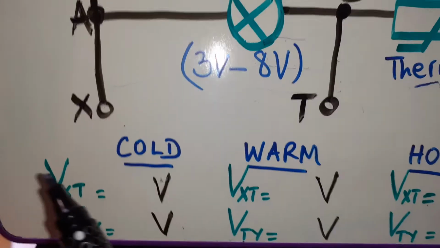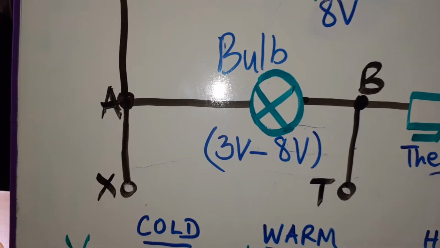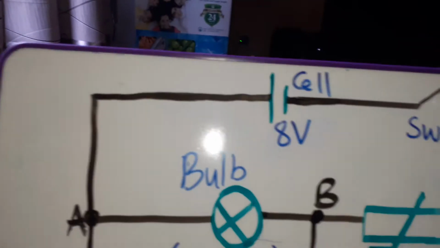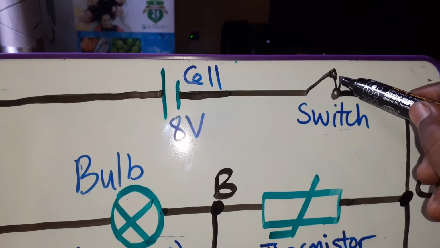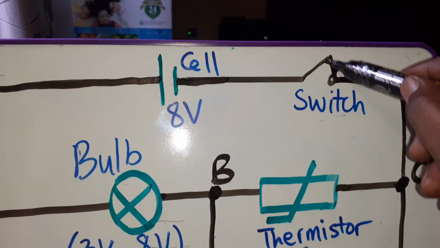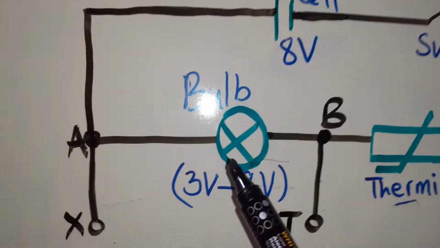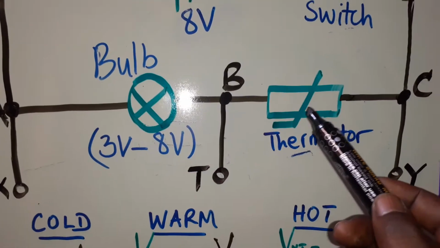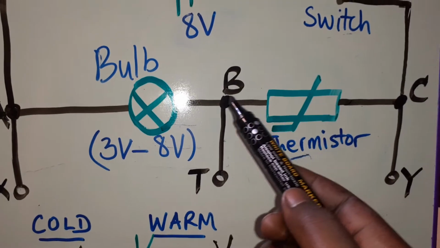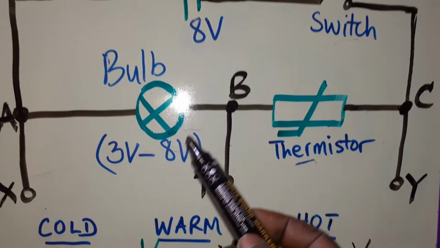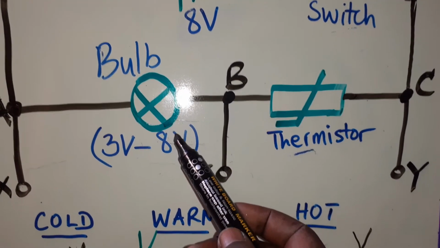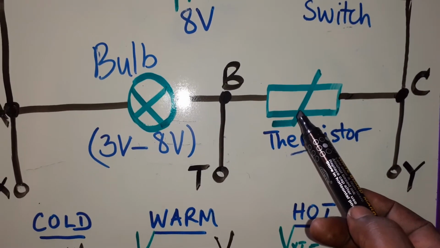So to begin with, if we close the switch, current will begin flowing through this circuit. Because the bulb and the thermistor are in series, the 8 volts will be shared between the bulb and the thermistor.